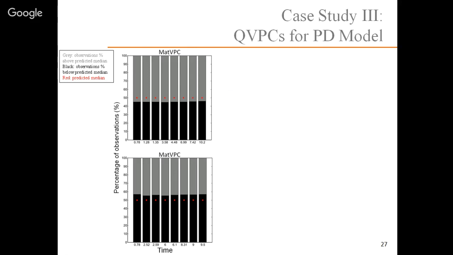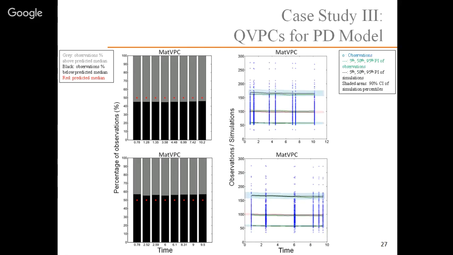Again, using our tool, we were also able to generate two VPC plots, which are considered to provide a more objective evaluation about the distribution of your observations around the median of the model. Here I'm showing the two VPC plots for our model.